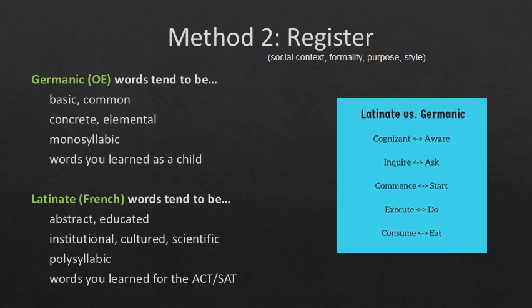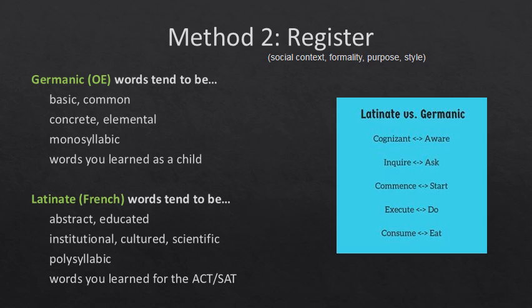So take the blue square. We can say things in two different ways, often three different ways. We have near synonyms. We can ask or inquire. Which one's more formal? Which one has higher register? Inquire, right? That's Latinate. Ask, acsian, that's Germanic.